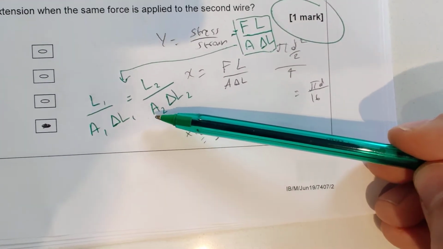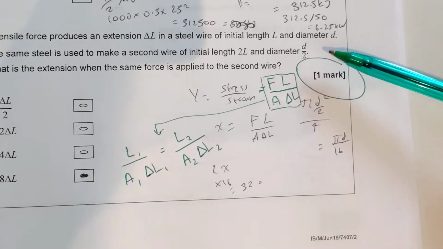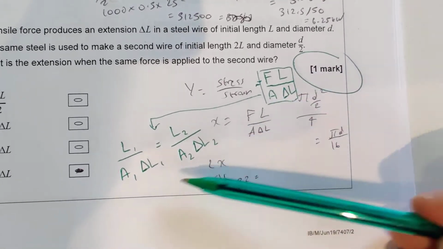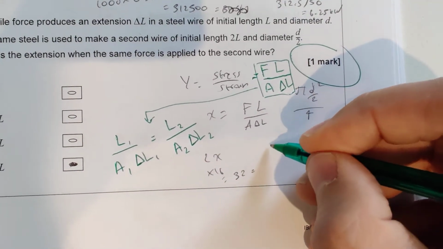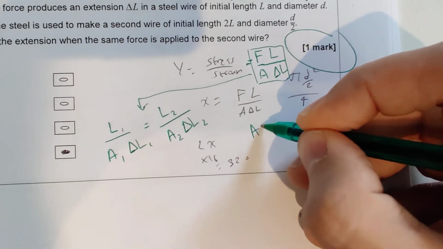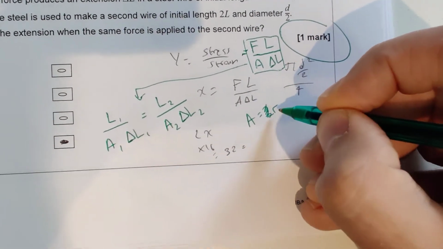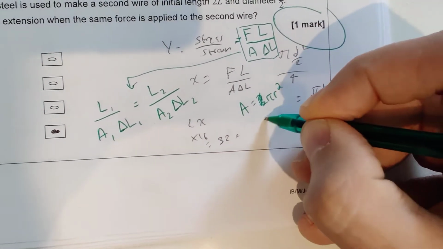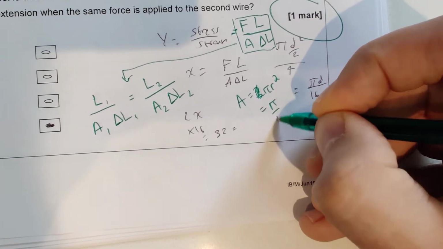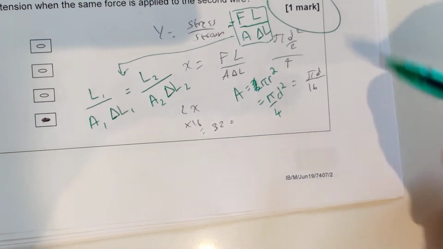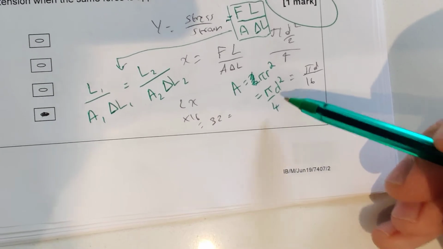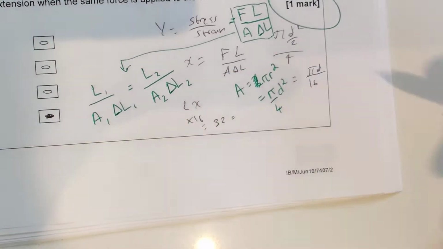There are some other things we need to do here, though. We've been asked to consider the diameter rather than the area. So we just need to include that area equals pi r squared, or pi over 4 d squared. So let's substitute that in there instead.